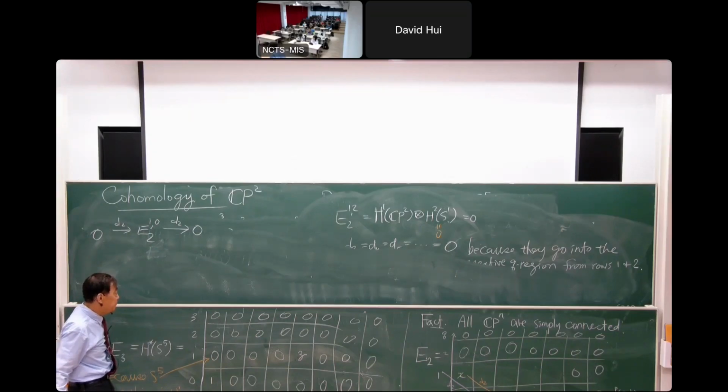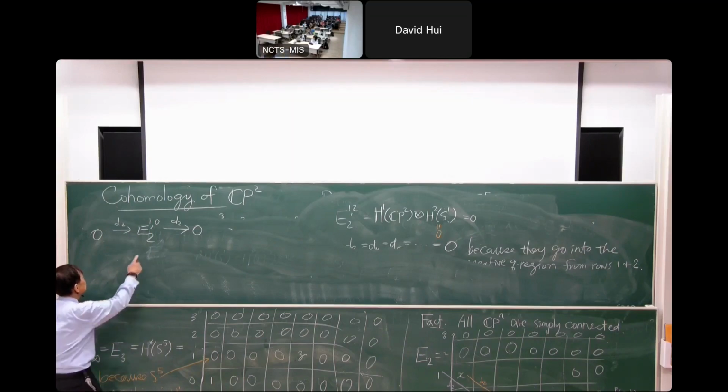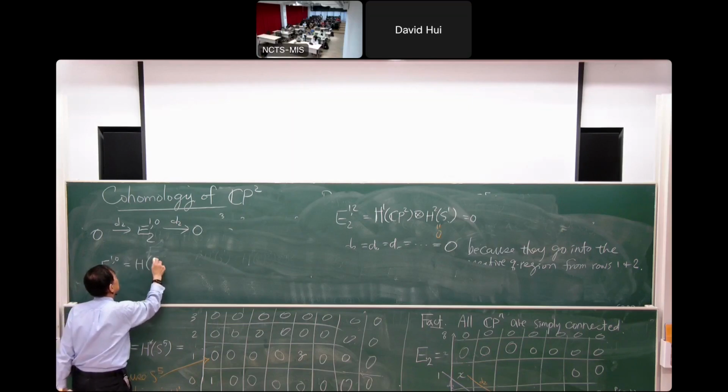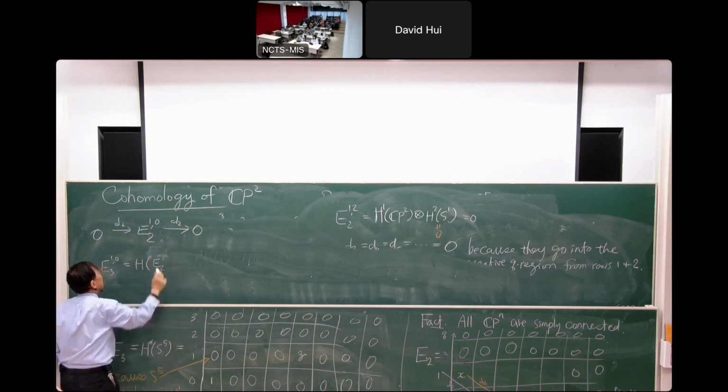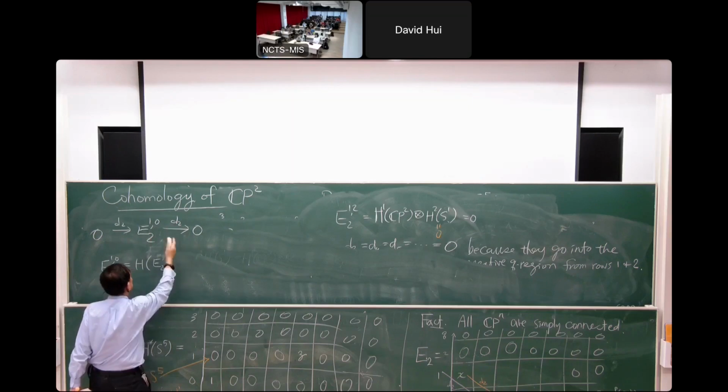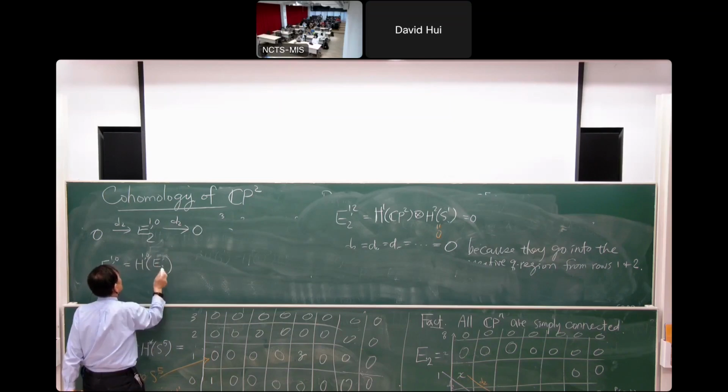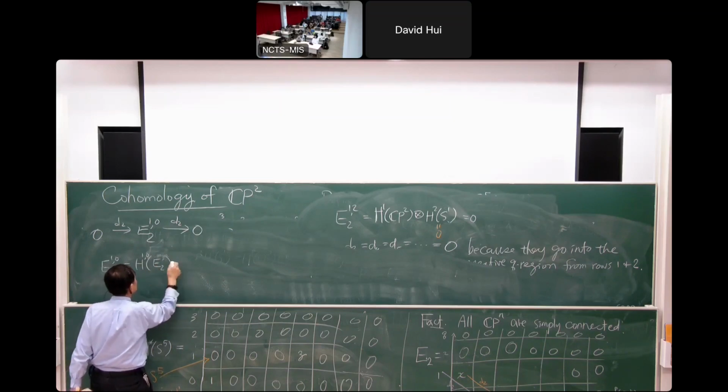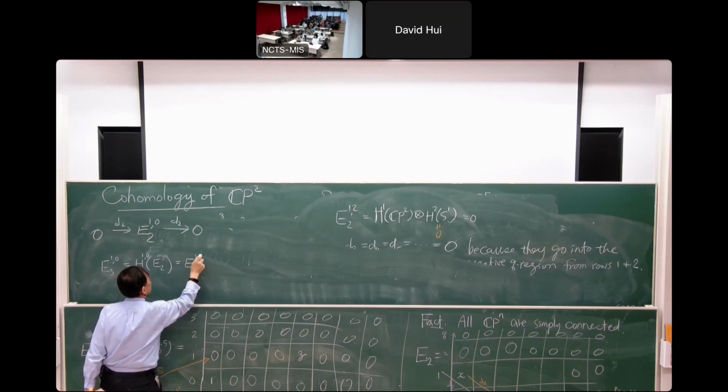And E3 of 1, 0, okay? That's the cohomology of this complex. Oh yeah, but the D2 is all 0, so the cohomology will be itself. Okay?